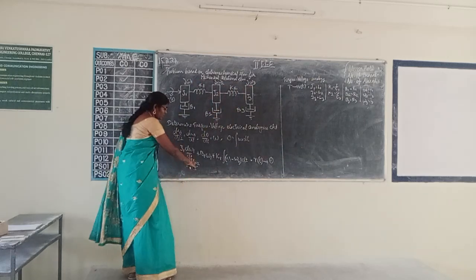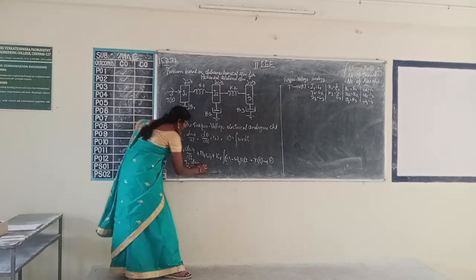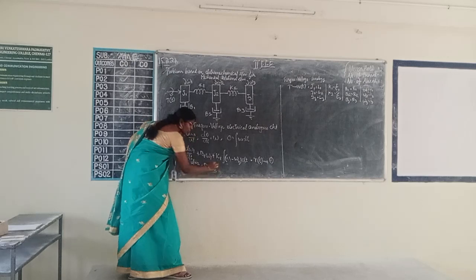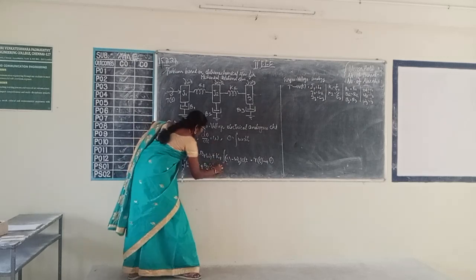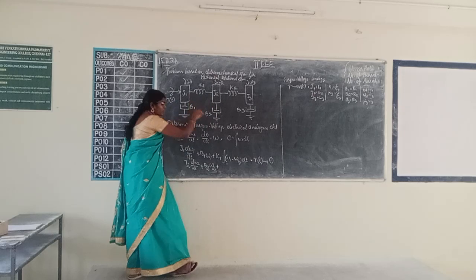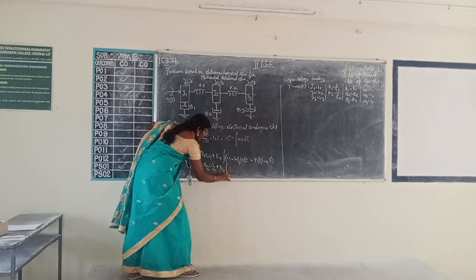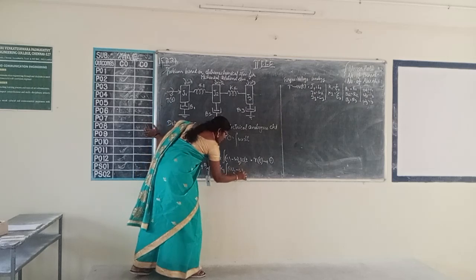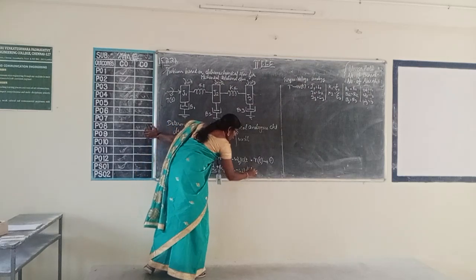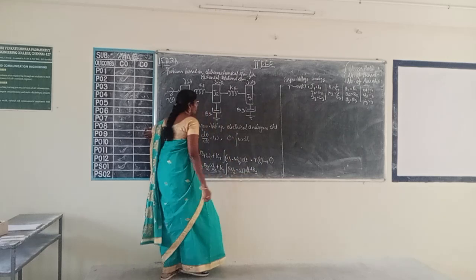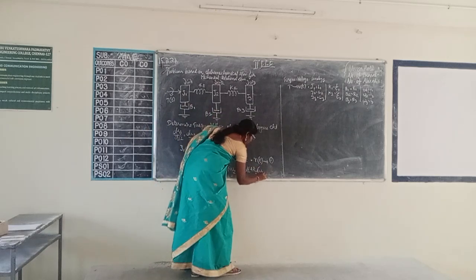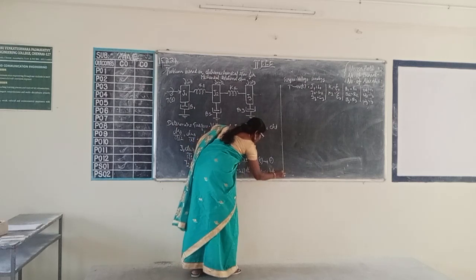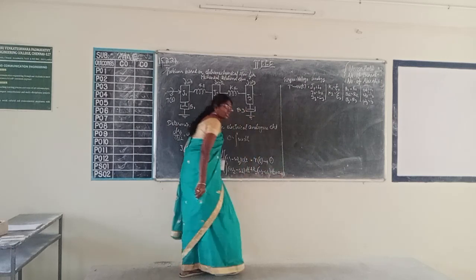And there is an individual dashpot, B2 omega 2. Next, two springs are connected here. For K1 we write K1 integral of omega 2 minus omega 1 dt, plus another spring K2 integral of omega 2 minus omega 3 dt, equal to 0. This is equation number 2.